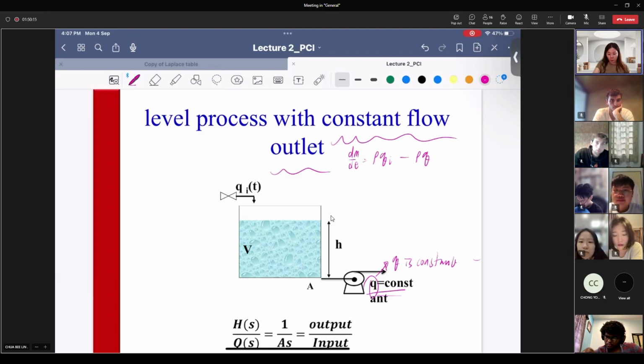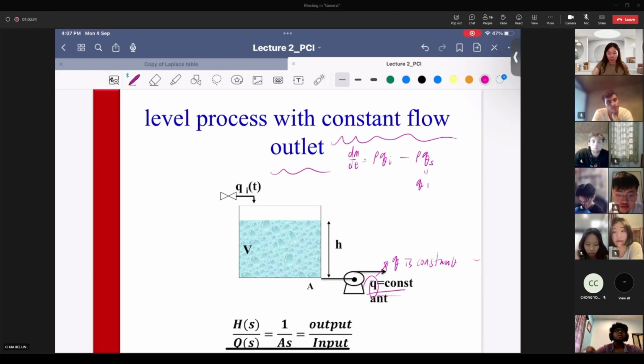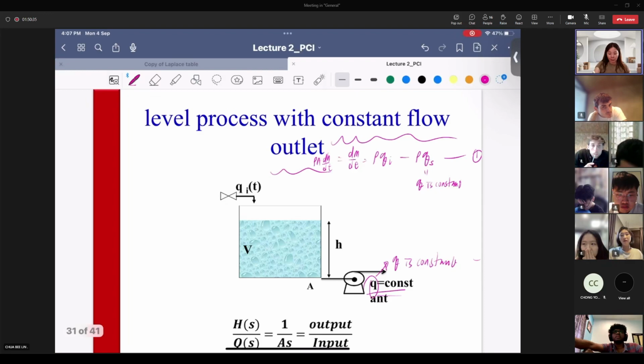Okay, so you'll be having this value, you have to put a subscript qs, because in the question they say q is constant for your equation 1. So equation 1 will be rho A dh over dt, then repeat the same: rho A dhs over dt equivalent to rho qis minus rho qs, equation 2.